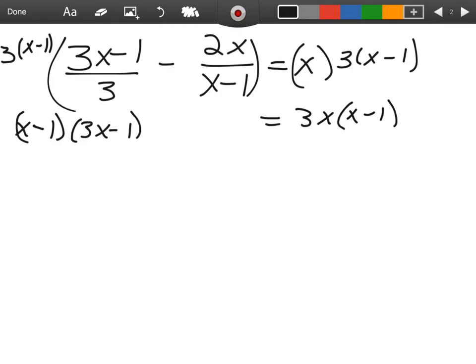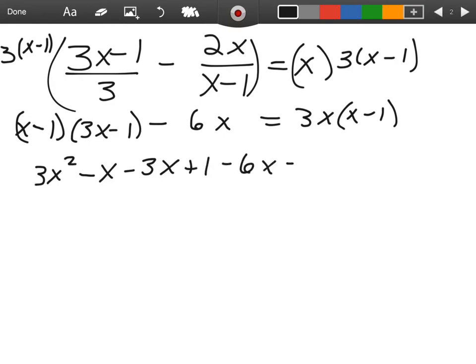Then the x minus 1's cancel, and I end up with 3 times 2x, or 6x. So I have 3x squared minus x minus 3x plus 1 minus 6x equals 3x squared minus 3x.